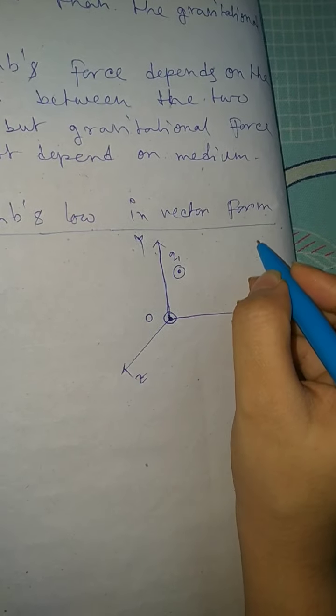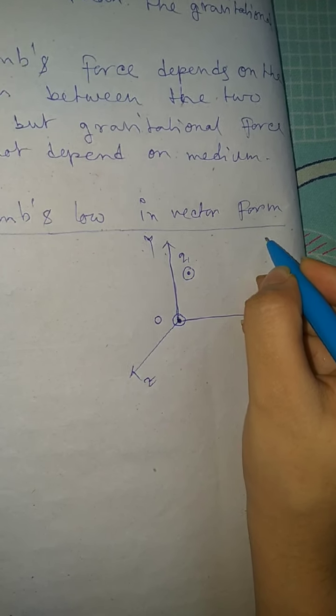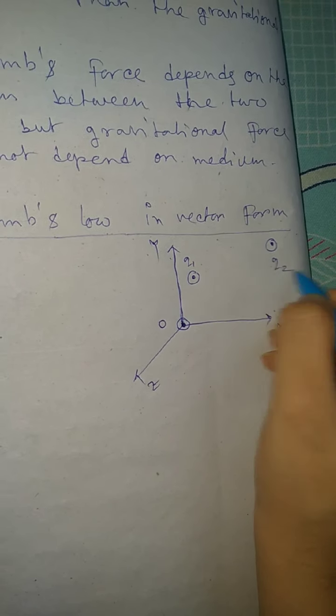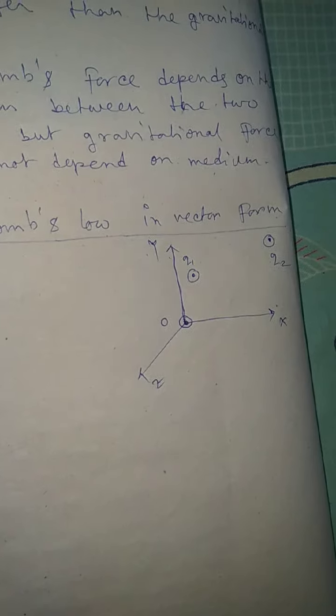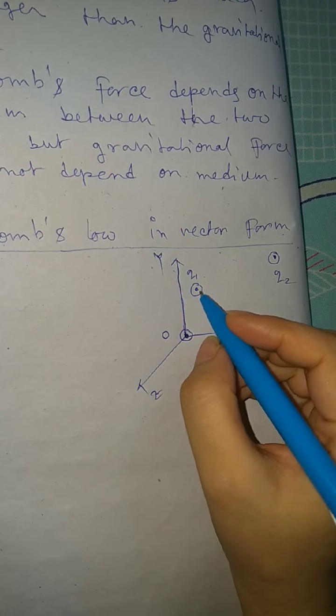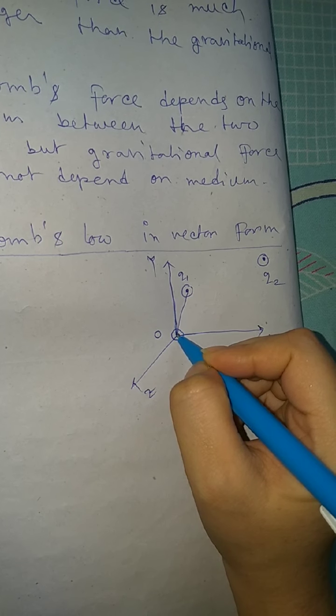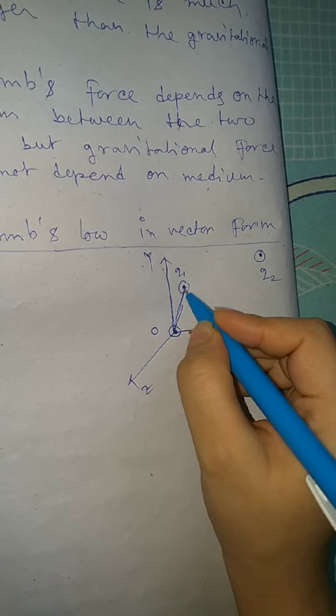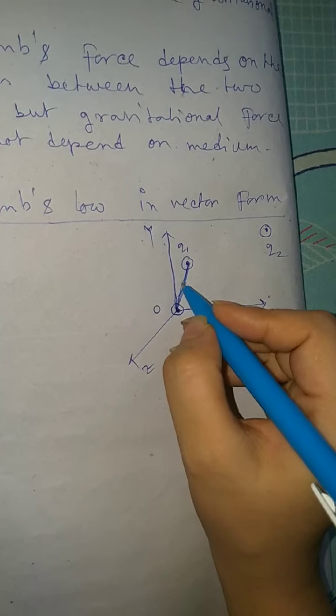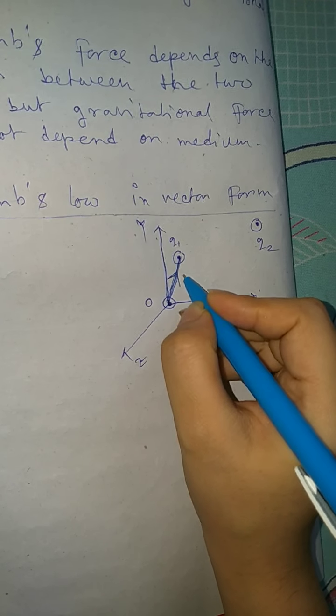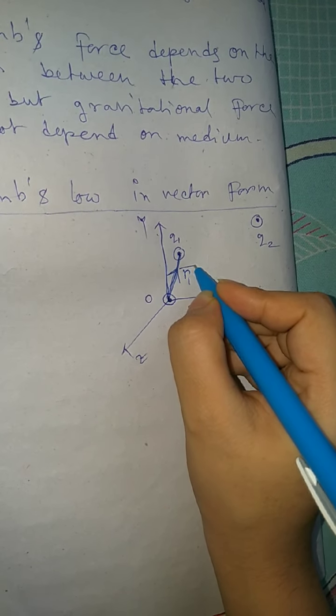Q1 and Q2. So let us consider the position vector of Q1 charge with respect to origin is R1 vector. Okay.